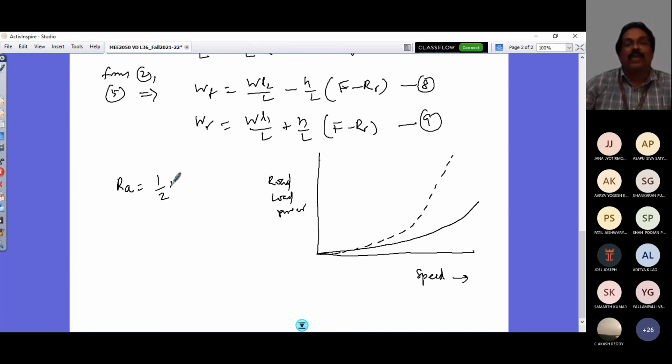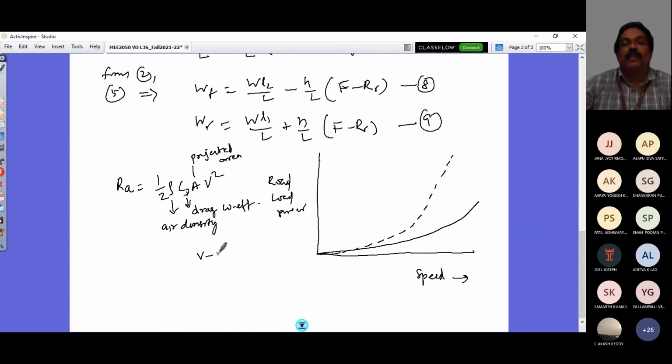We just look at that force given by the expression rho CD A into V square, where rho is the mass density of fluid, the air density, in this case, because the vehicle goes and the air impinges on it. CD is the drag coefficient, A is the projected area, and V is the vehicle speed.